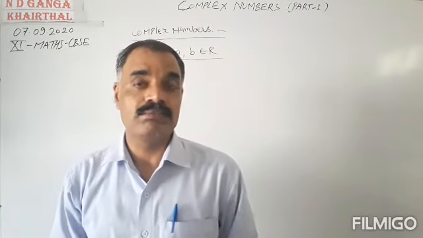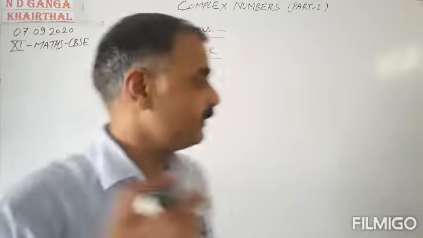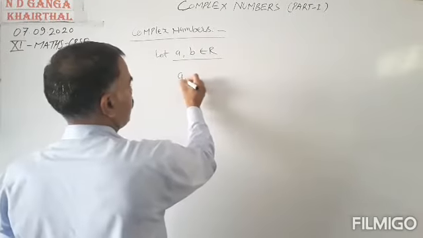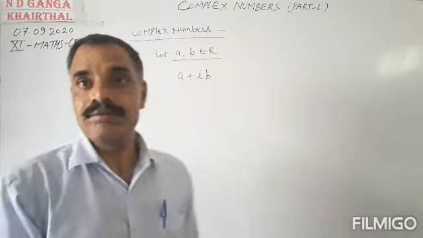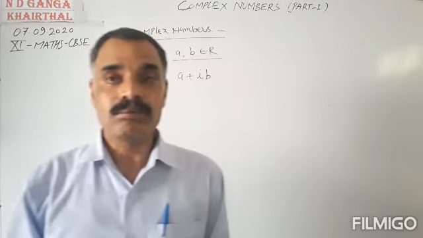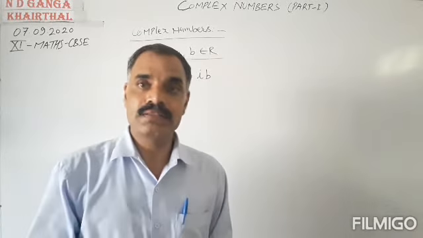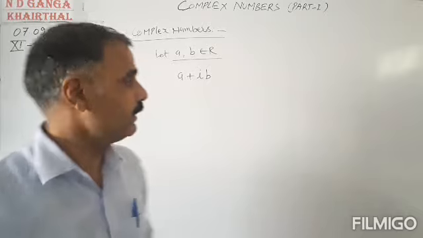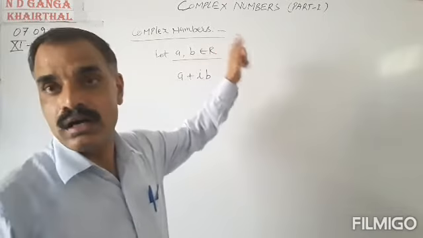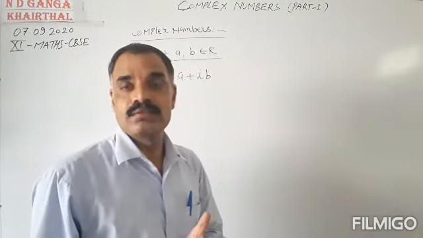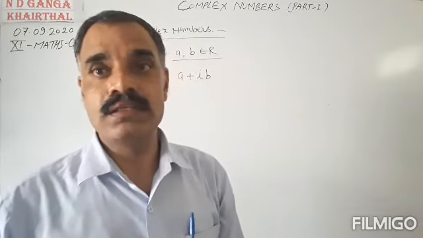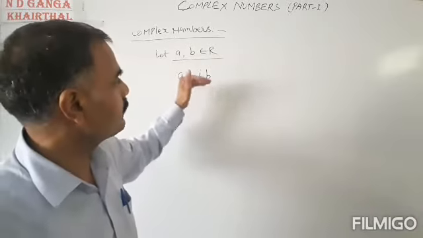Then a complex number is defined as a plus iota b. If a and b belong to R, any two real numbers, then the complex number is of the form a plus iota b.